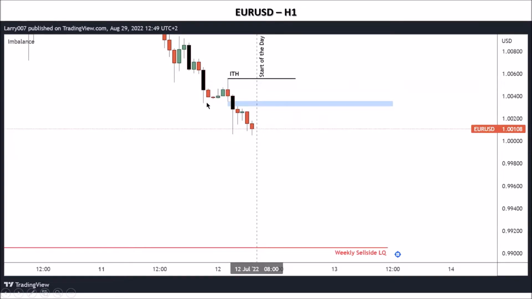So simple, on the 1 hour, this is my intermediate term high because we mitigated this imbalance and we broke the structure with displacement, creating another fair value gap. So I'm interested to see the price reaching this fair value gap to sell since we took sell side liquidity.